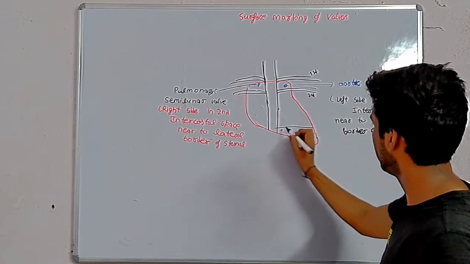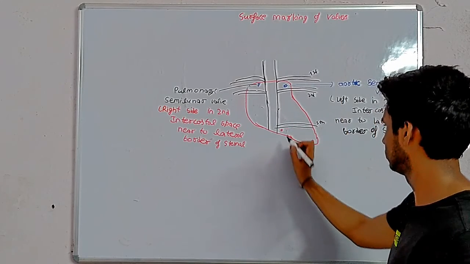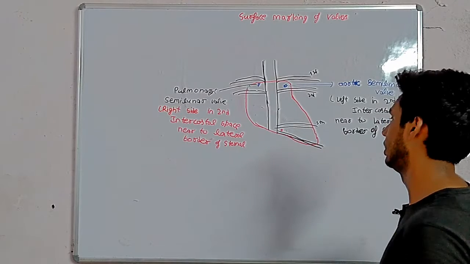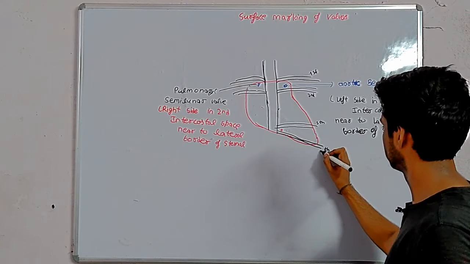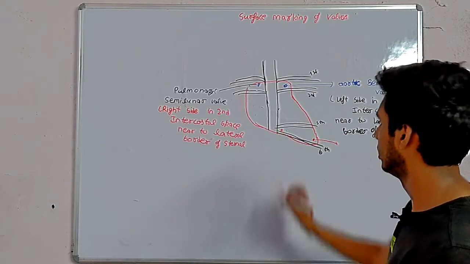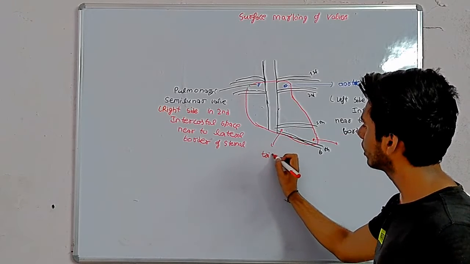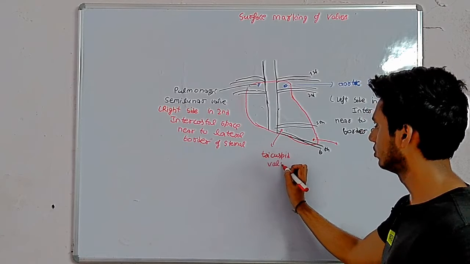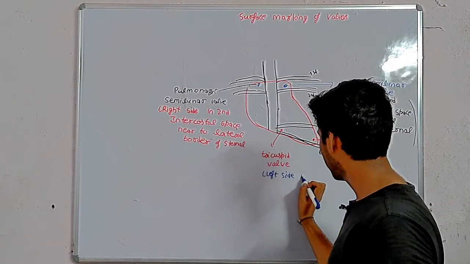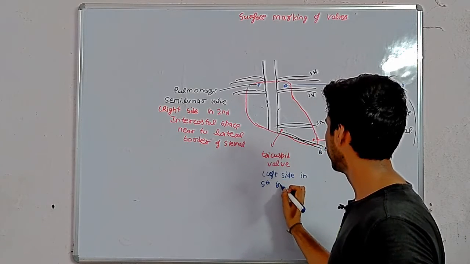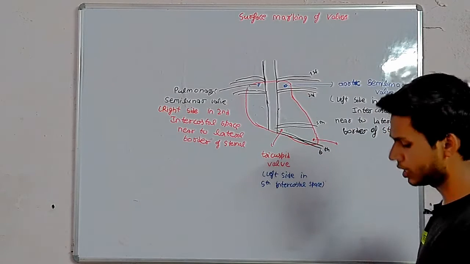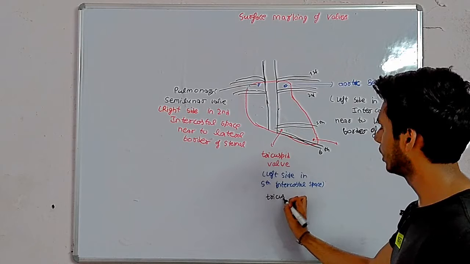This is the apex, and this is the tricuspid valve area. The tricuspid valve is present here, on the left side in the fifth intercostal space. This is also called the tricuspid area.